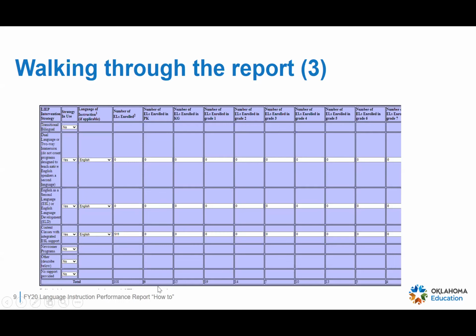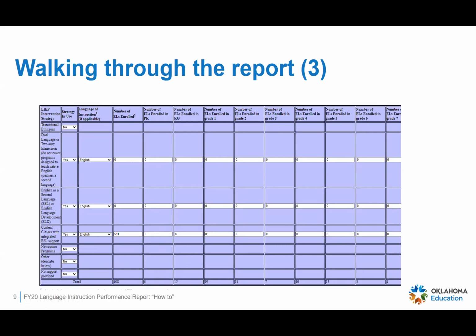Okay, and then we see for each grade, we have the same thing. So there are 6 pre-K students in this district, and you would put, say, if 4 of them are in ESL classes and 2 of them are in mainstream classes, then you put 4 and 2, and that adds up to 6, and everybody's happy.